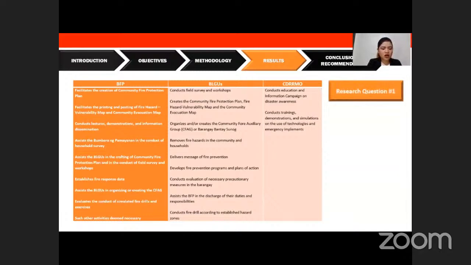The following are the activities shared by the BFP and the BLGUs. It is between these two that the stronghold of community-based fire disaster and risk reduction rests.